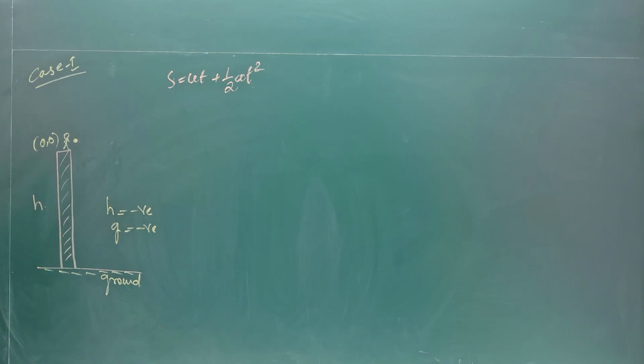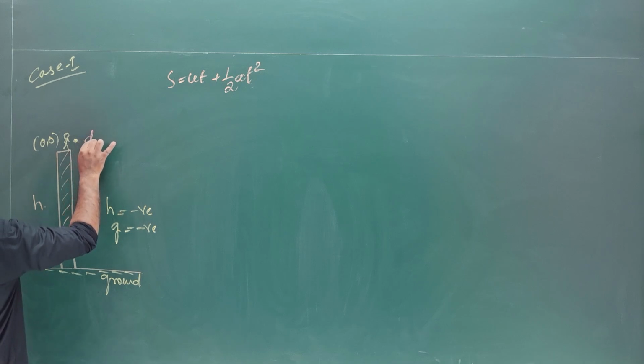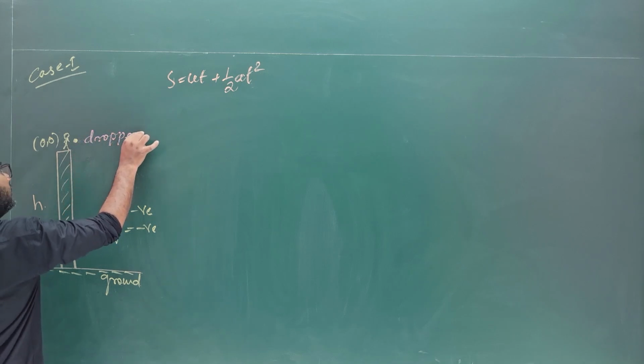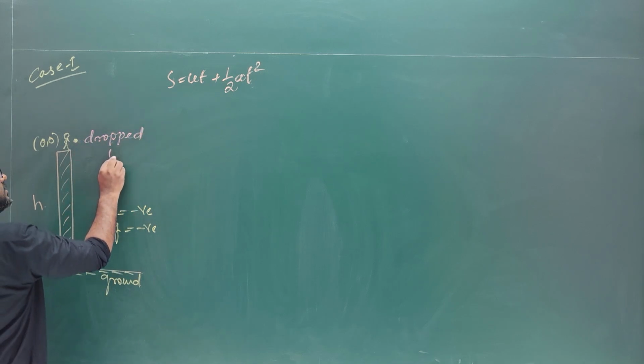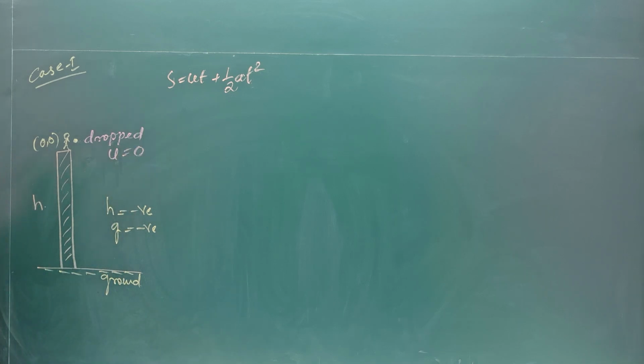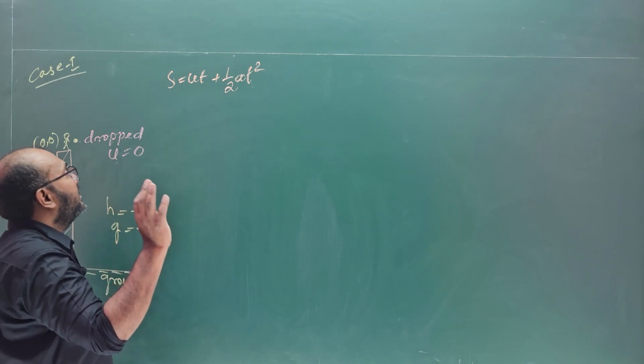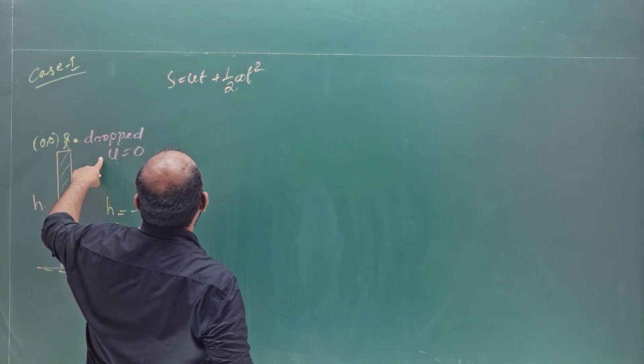If I am using this and I am saying this ball is being dropped, what is the initial velocity? 0. Releasing means like this, just releasing from hand. Neither are we throwing in the downward direction, nor in the upward direction. Just we are releasing this object. So initial velocity is 0.